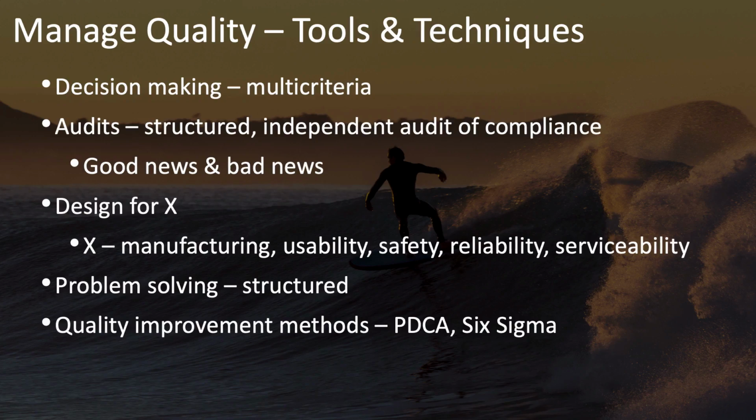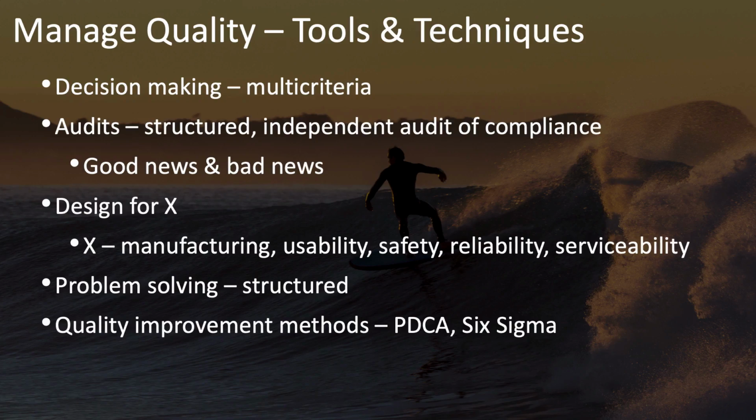Next, we have Design for X, which is a structured technical approach to designing specifically for certain kinds of things, such as manufacturing. You could design your product specifically so that it is easier or less expensive to manufacture. You could design it specifically so that it's more usable.